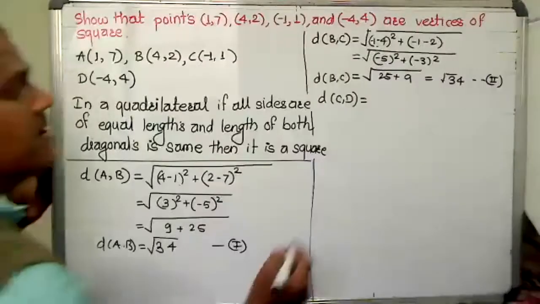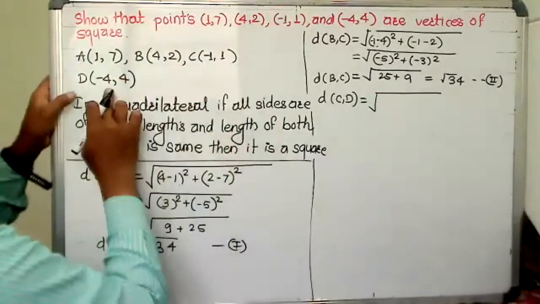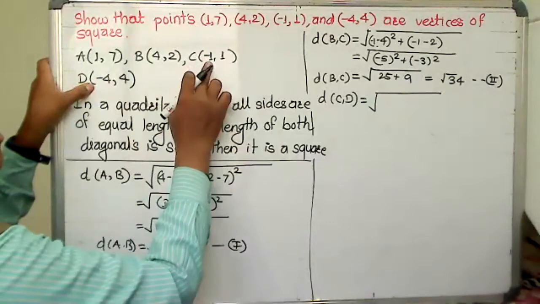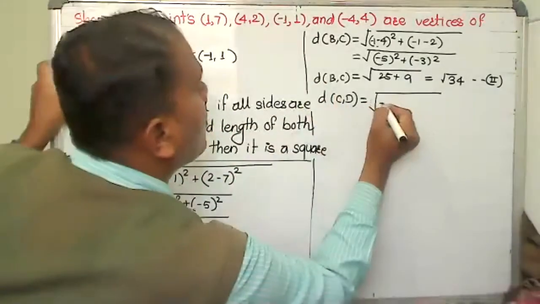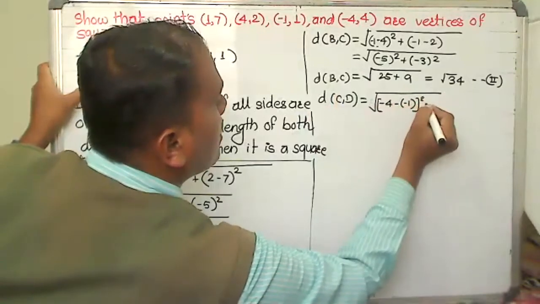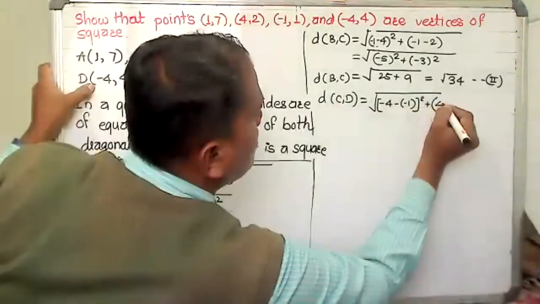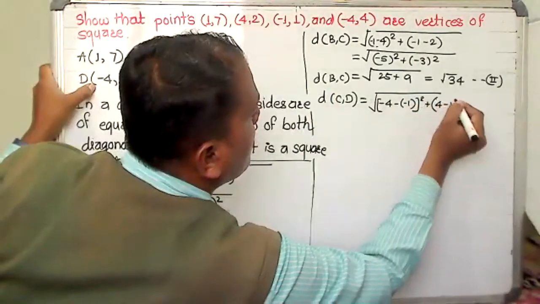Distance CD is (-4 minus (-1)) squared plus (4 minus 1) squared.